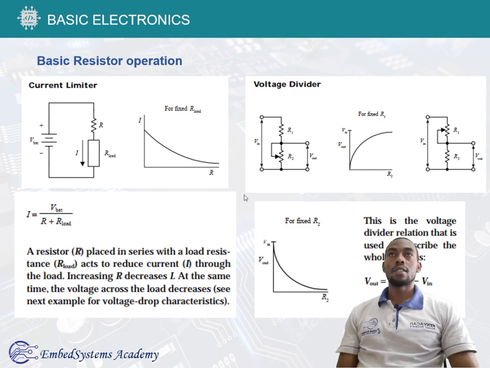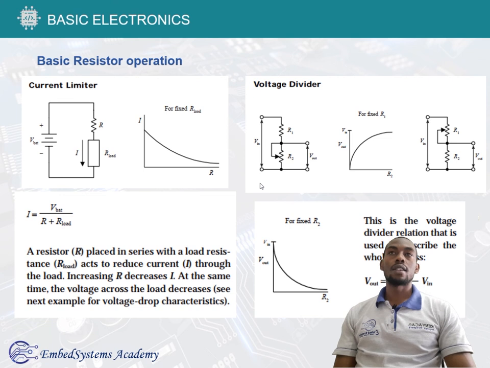So basic resistor operations, as we said earlier, are used to either limit current, divide voltage, and also divide current. This we shall also see practically in some of the circuits we shall develop. As a current limiter, if your load needs a particular value of current, then you may use a resistor to limit the current that is passing through the load.